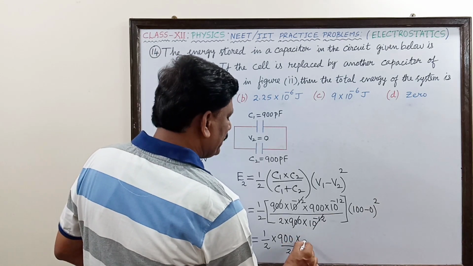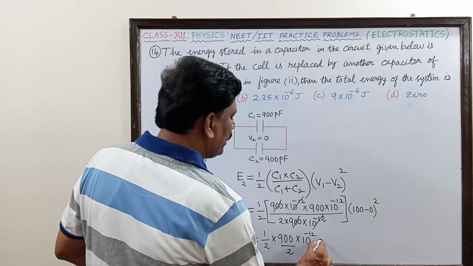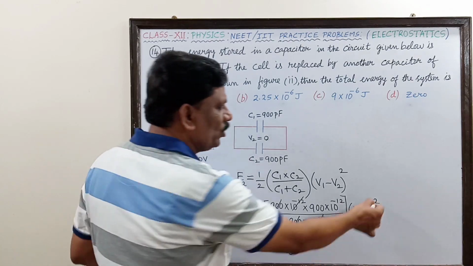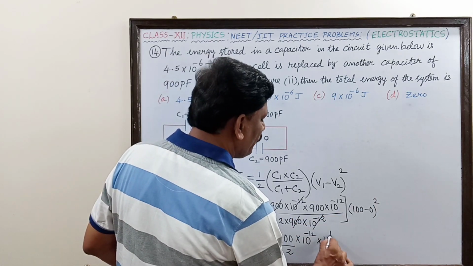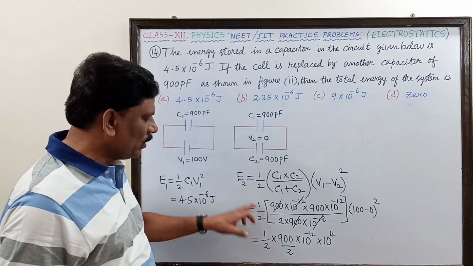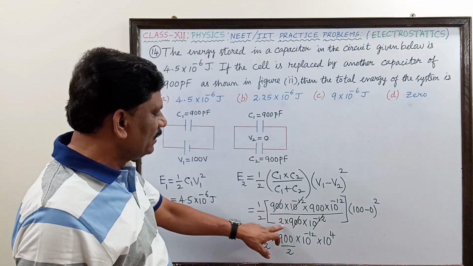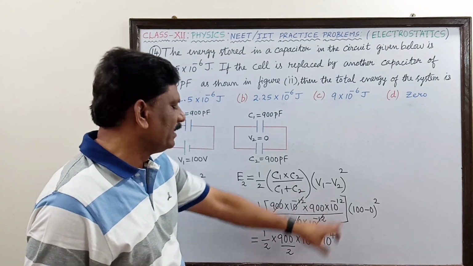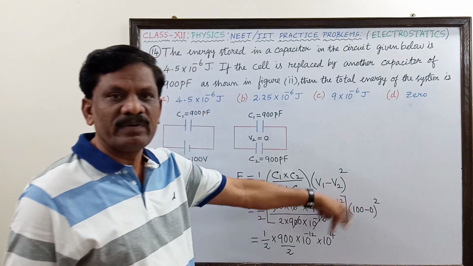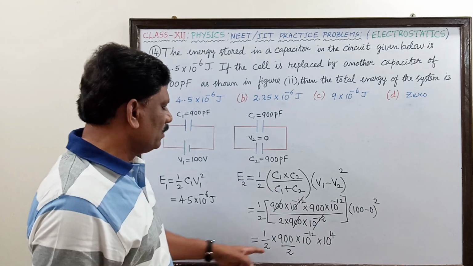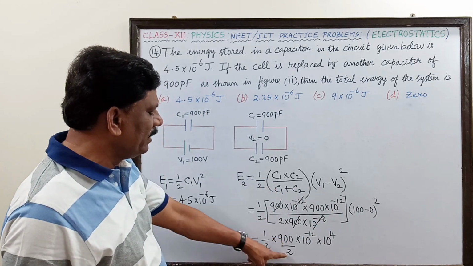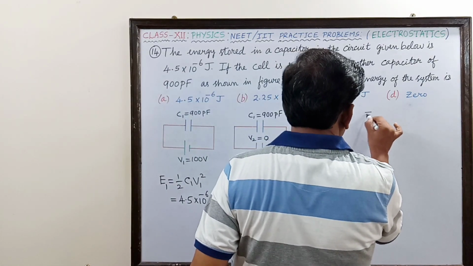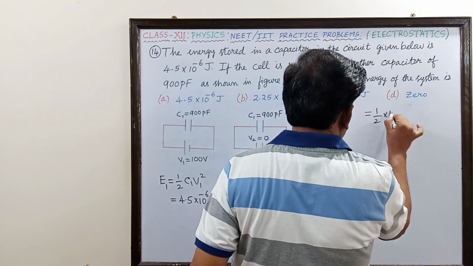Then in the numerator, 10 power minus 12 into 100 is 10 power 2, 10 power 2 whole square is 10 power 4. So this 1 by 2 is retained. This 900 by 2 into 10 power minus 12 into 10 power 4. So we can write now 900 divided by 2. So this is equal to 1 by 2 into 450.